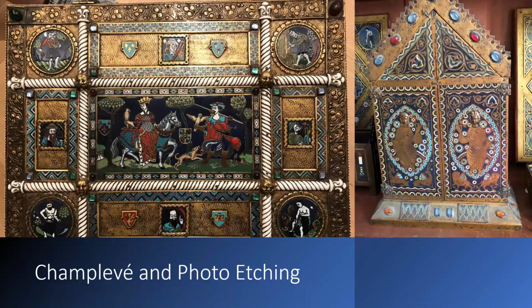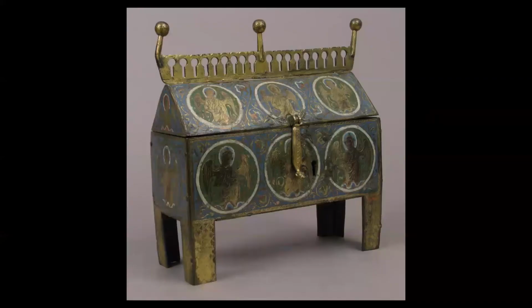Another popular Caldwell line was champlevé, or enamel work. The practice of champlevé can be traced back to ancient Egypt, but it flourished in France, Belgium, and Germany during the 11th and 12th centuries. Champlevé is made by carving out channels into the metal and then filling the voids with powdered vitreous enamel.